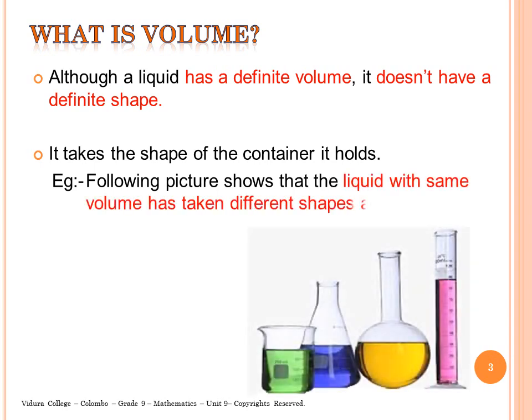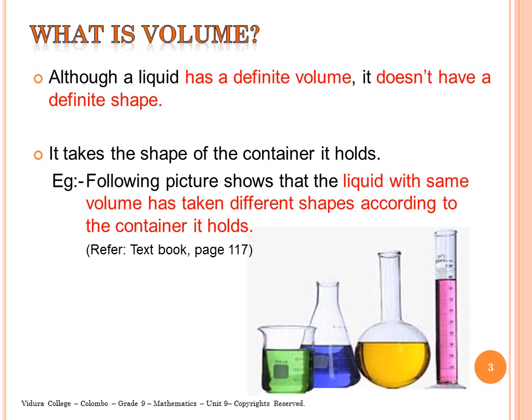All four containers hold the equal amount of liquid. Think of it as 200 milliliters. But see the shape. It is not the same shape. It takes the shape of the container. You can refer to page number 117 in the textbook for further understanding.